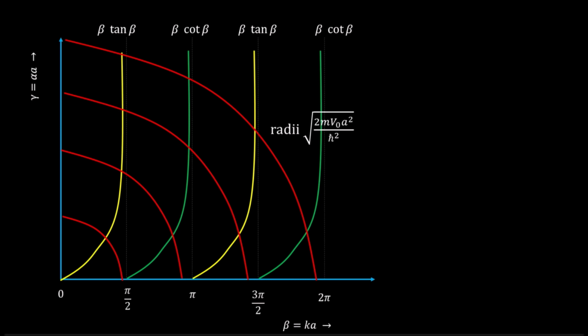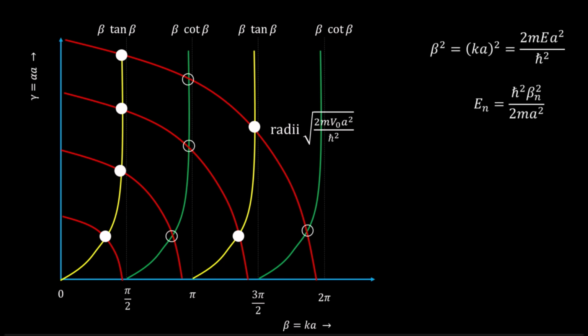As beta and gamma can have only positive values, the intersection of these circles with the beta tan beta curve in the first quadrant gives the energy levels for n equal to odd integers like 1, 3, 5, etc. And the similar intersections with the beta cot beta curve give the energy levels for n equal to 2, 4, 6, etc.